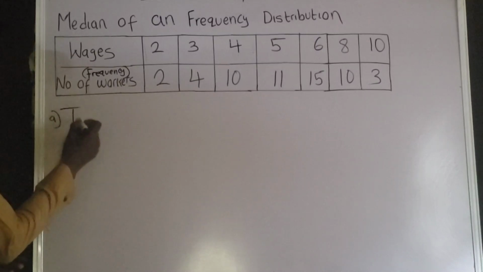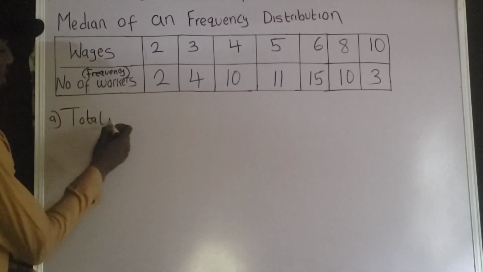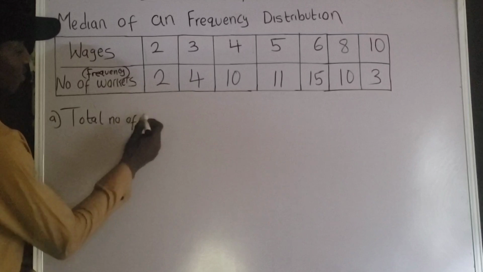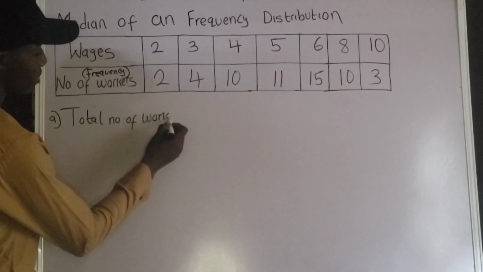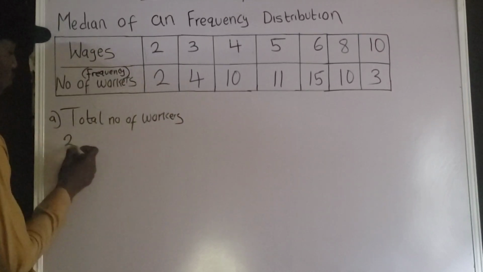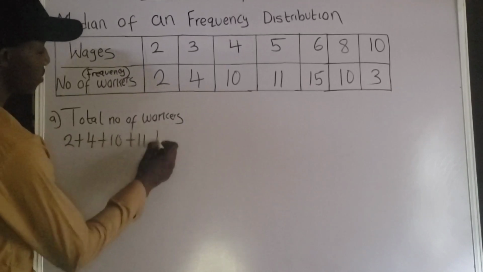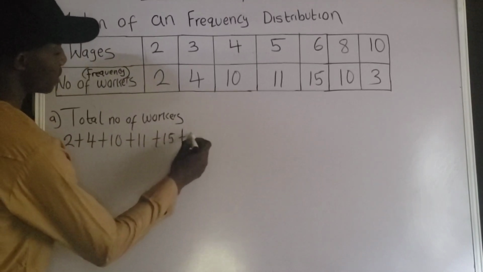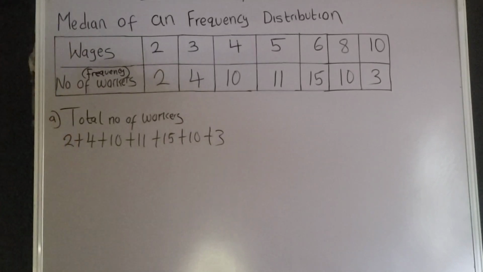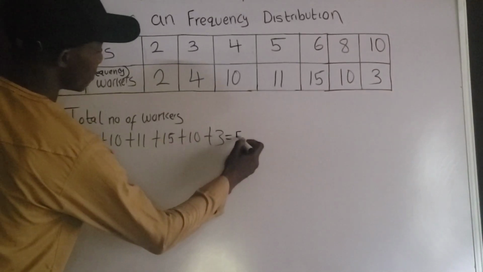So the total numbers of workers on the farm is 2 plus 4 plus 10 plus 11 plus 15 plus 10 plus 3. So the total numbers of workers on the farm is 55.